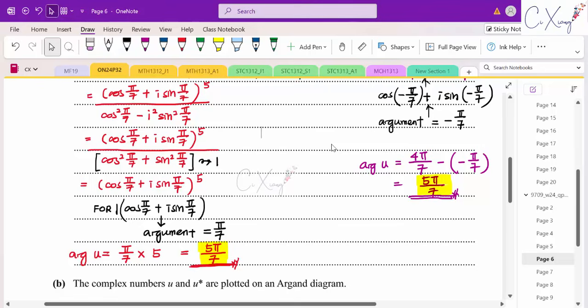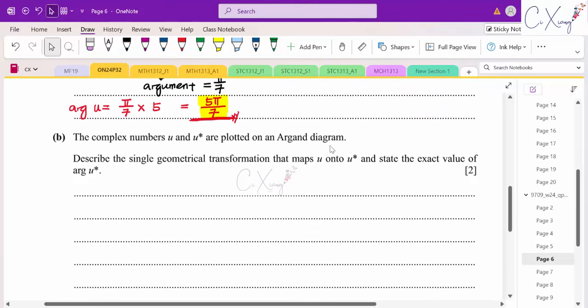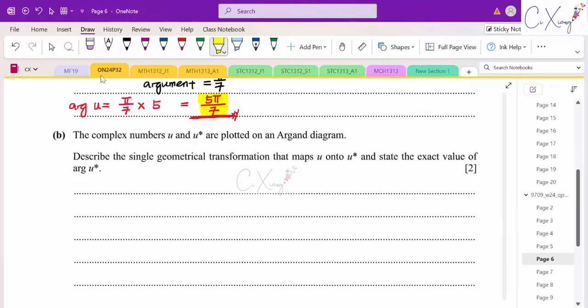Okay, so let's have a look at part B. Now they said the complex number u and also u conjugate are plotted on an Argand diagram. Describe the single geometrical transformation that maps u to u star, and state the exact value of the argument of u. Just now we already know that the argument of u is 5 pi over 7.